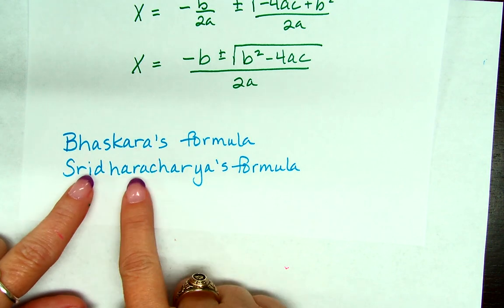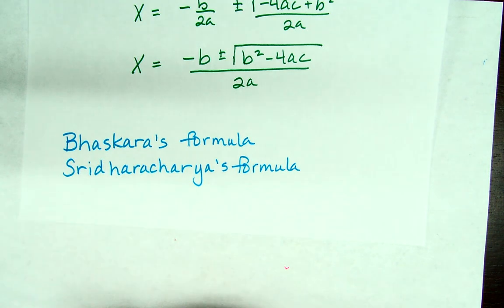Bhaskara and Sridhara. In the 9th century, a Persian named Muhammad ibn Musa al-Khwarizmi, I'm sorry, I don't know how to say it, solved it first algebraically.